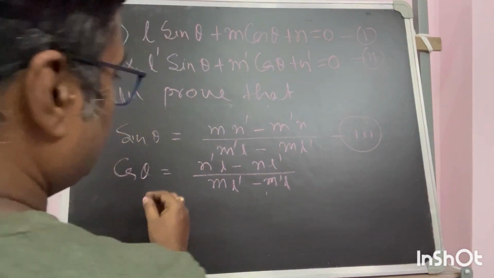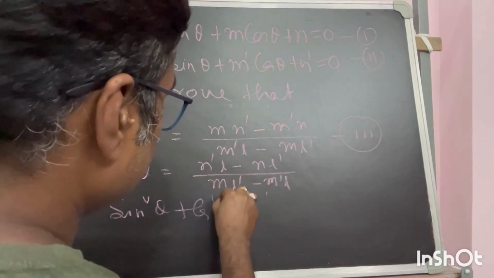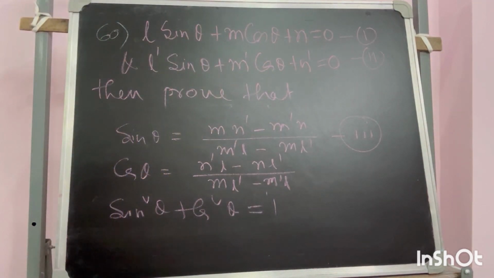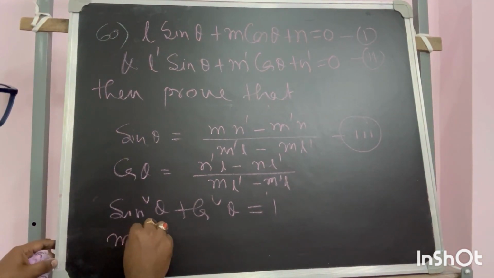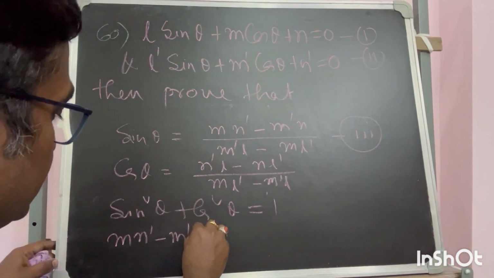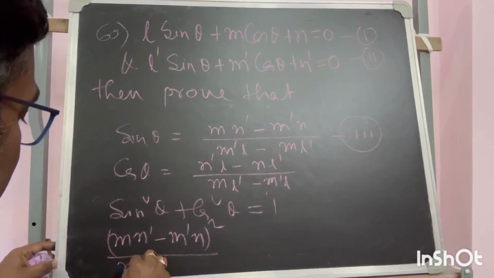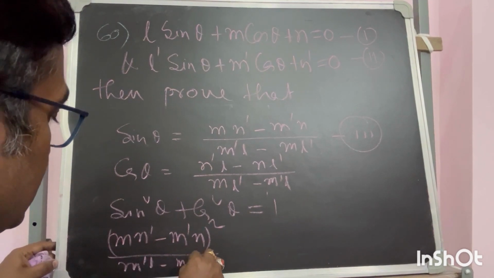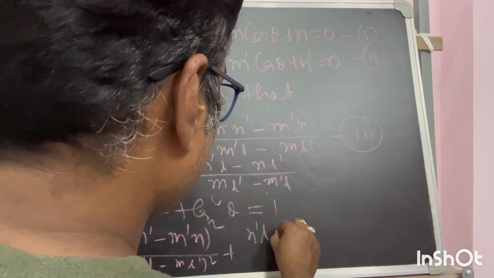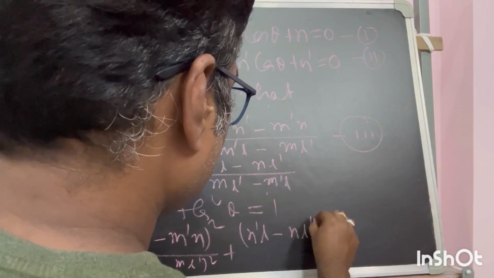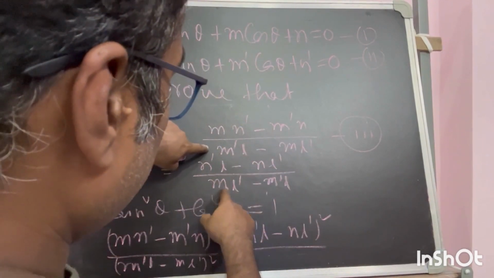Now if I write sin square theta plus cos square theta is equal to 1, that relation I know. So this is sin theta, this is cos theta. So M N dash minus M dash N whole square, and this will be M dash L minus M L dash, this will be square, plus N dash L minus N L dash whole square divided by, now this is reversed in the denominator, you can see this.